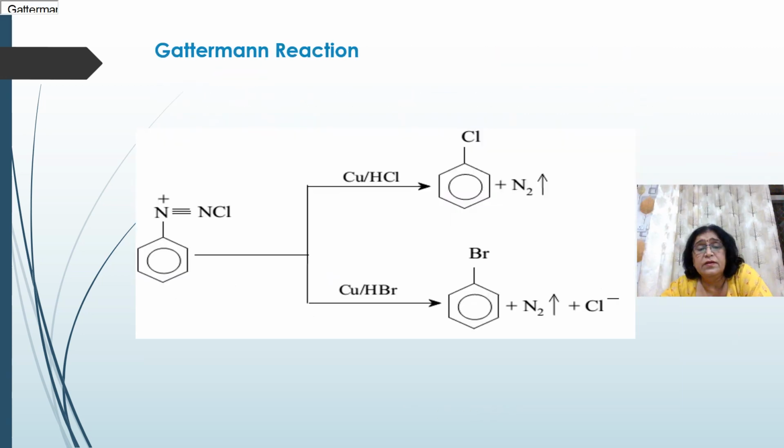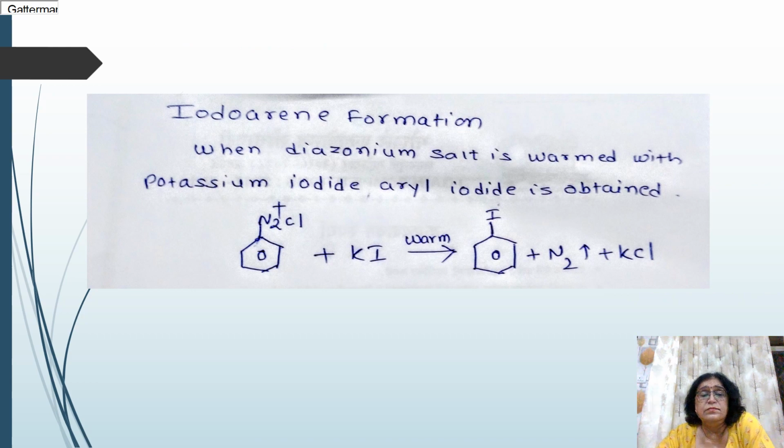Then Gattermann reaction: diazonium chloride, when treated with Cu and HCl, gives you chlorobenzene plus nitrogen. When treated with Cu and HBr, it gives you bromobenzene plus nitrogen plus chloride. Then when diazonium chloride is reacted with KI, warm, you get iodobenzene plus nitrogen plus KCl.